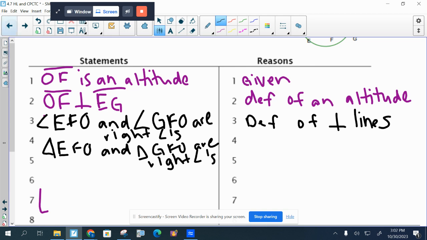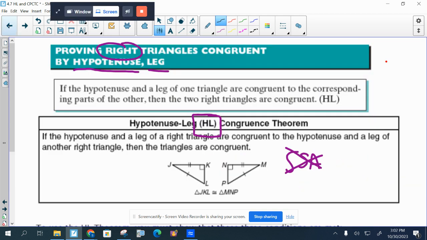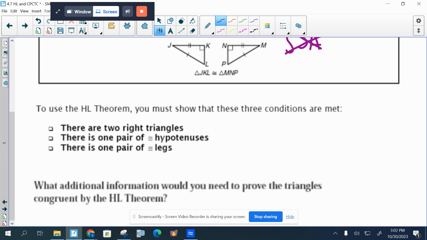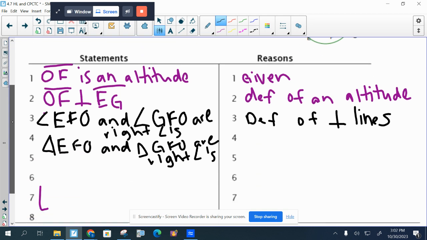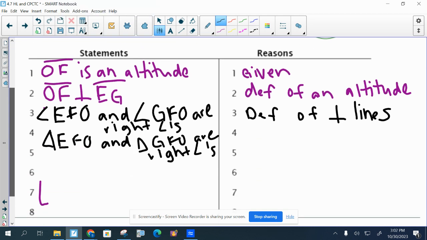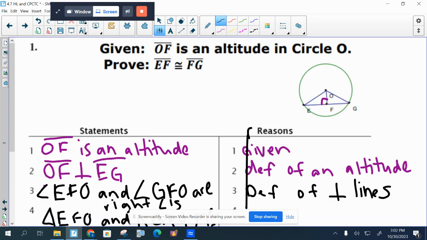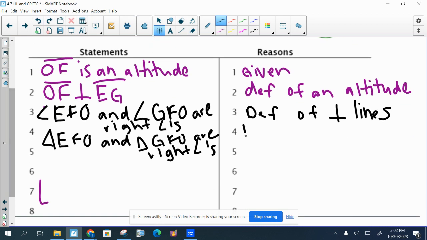Because remember, the criteria for using the hypotenuse leg theorem is that you need to know that you have two right triangles. So if we can state in the proof that you have two right triangles, then we could use hypotenuse leg. So that would be the definition of a right triangle.